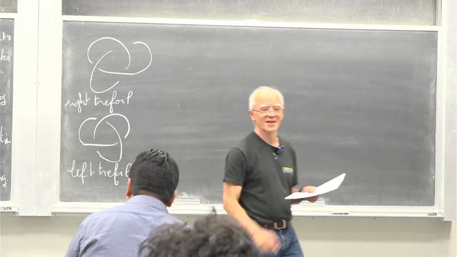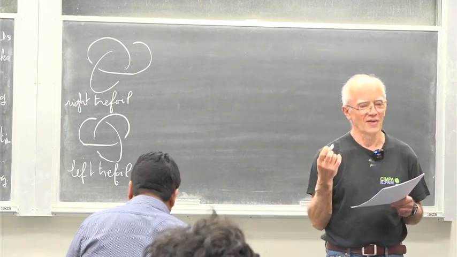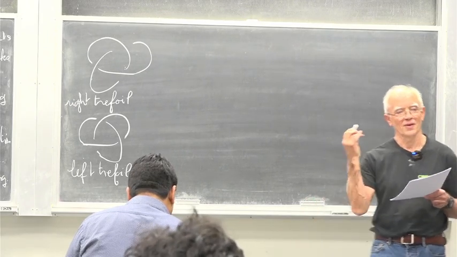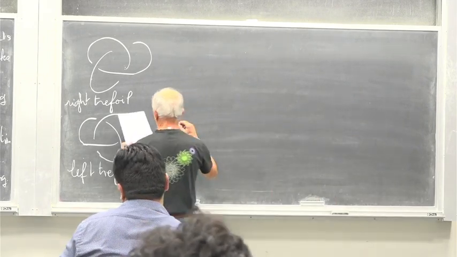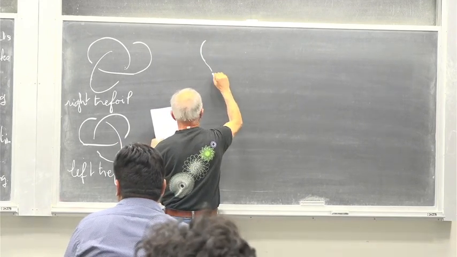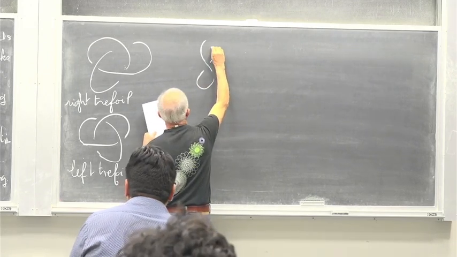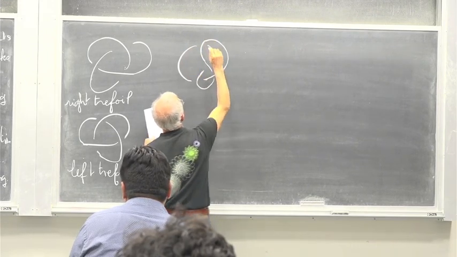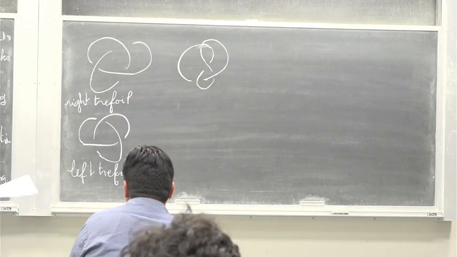And already there could be a topologist question: are they equivalent or not? Can you prove that they are not equivalent? So we remember this question. So we have also maybe this one. Sorry, it should be like this, which is a figure 8.